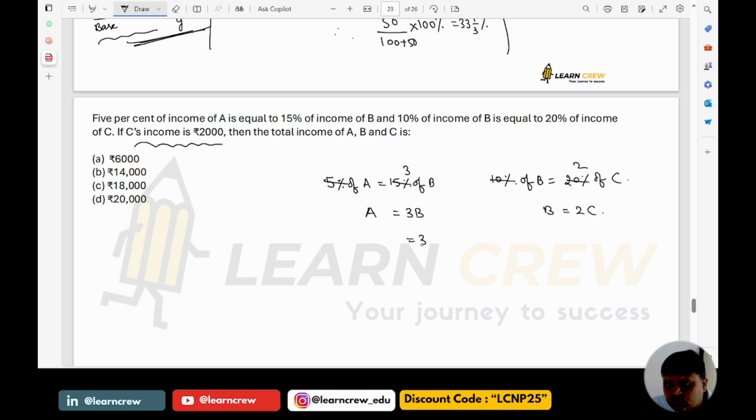So, A is 3 into B, B is 2C, so A is equal to 6C, which is 6 into 2000. So, A is 12,000. And B is 2C, so 2 into 2000, which is 4,000.